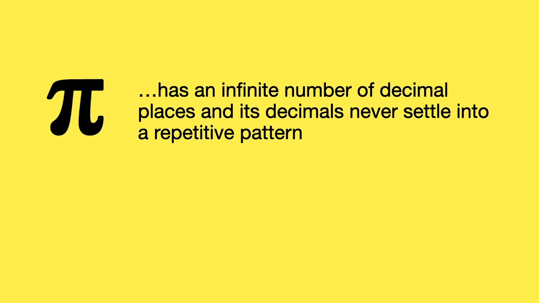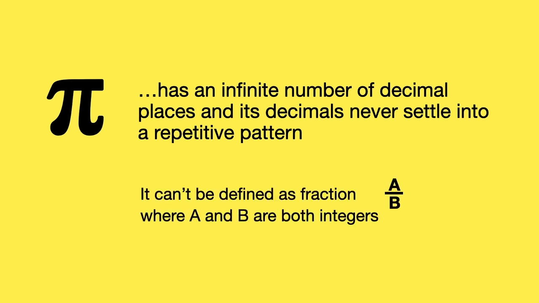But in the case of pi, pi has an infinite number of decimal places, and its decimals never settle into a repetitive pattern, which means that it can't be defined as fraction a divided by b, where a and b are both integers, and therefore it's an irrational number.